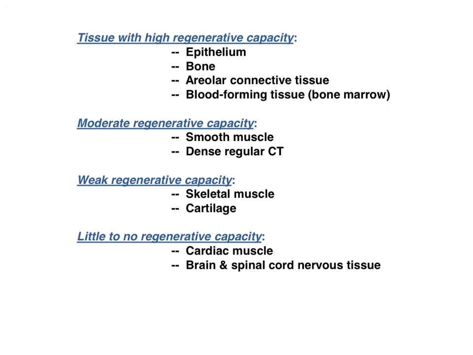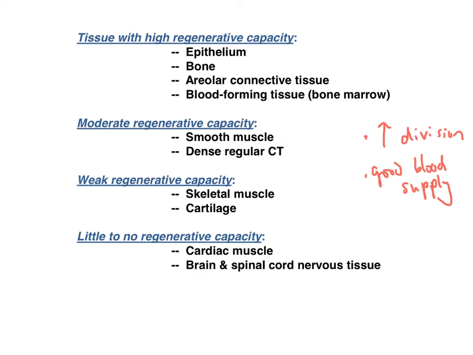Tissues that have a high regenerative capacity are typically tissues that have a high division rate and tissues that have a good blood supply, good vascularization. Tissues that meet these criteria are epithelium, bone, areolar connective tissue, bone marrow.